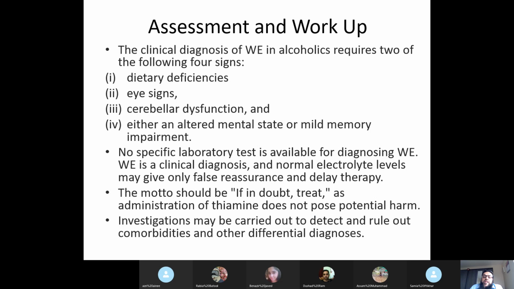Because if you give thiamine, it won't cause any harm. So administration of thiamine will be harmless, mainly unless there is an anaphylactic or allergic reaction to thiamine or any other ingredients, which we'll come to later.